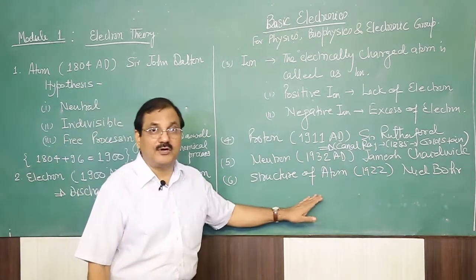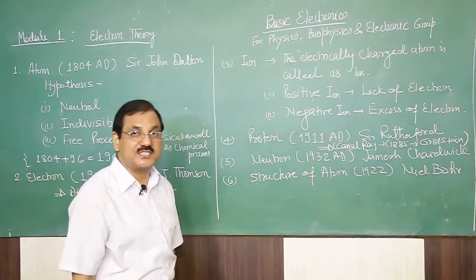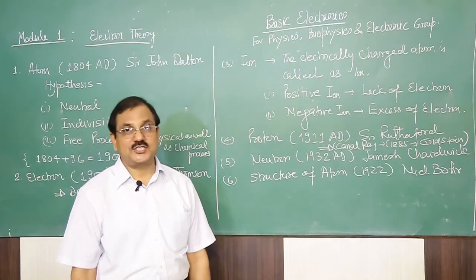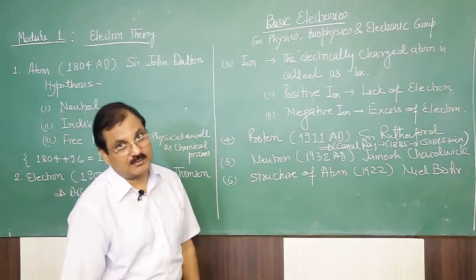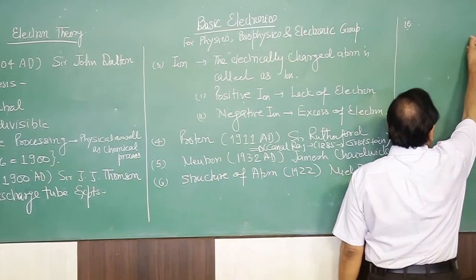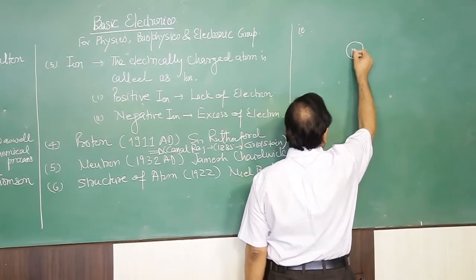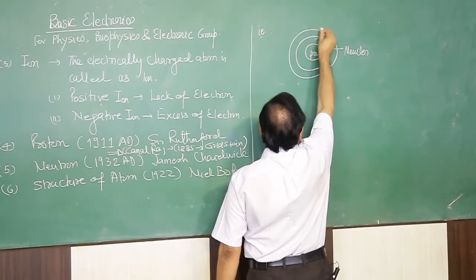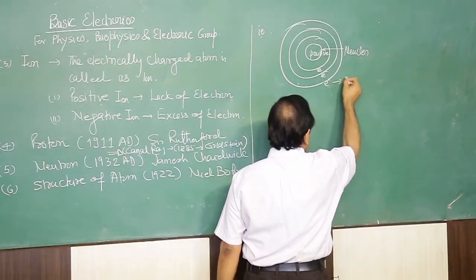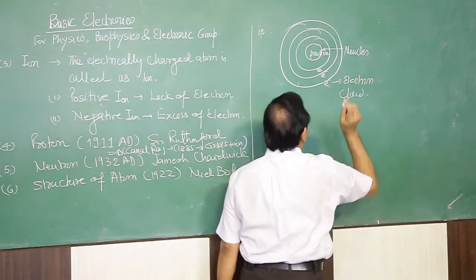From these postulates, he proposed that there is a central part of the atom which is positive and the remaining part of the atom is hollow, in which there are different orbits and electrons are moving in the different orbits. These are known as the electron cloud later.